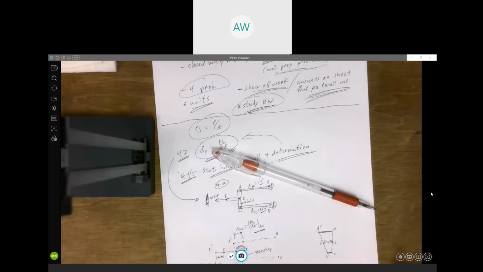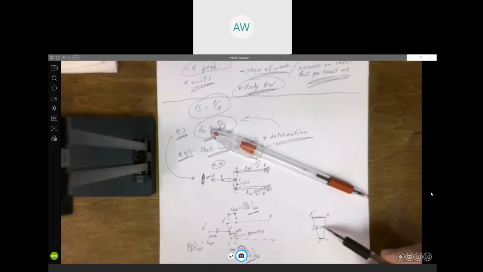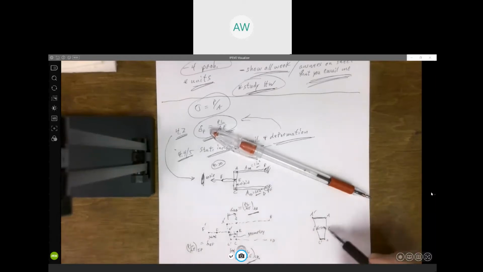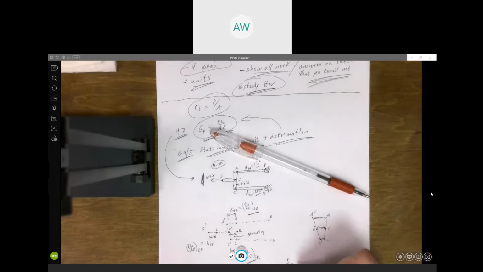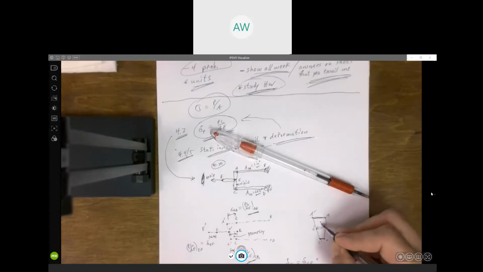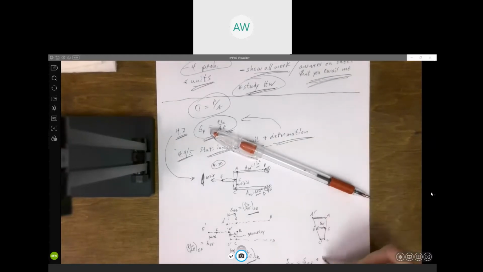There's a bunch of different ways you can get there, but it's just geometry. That's how far he's going to move over. And so delta F, the total, would be whatever delta EF is plus, I'll call this delta E. So you'd add those together to get the total distance that F's going to move. All right? That make sense?